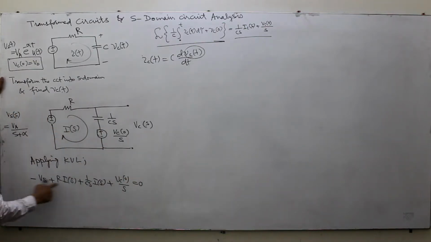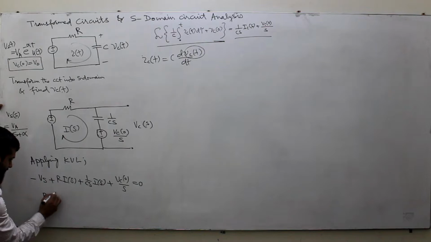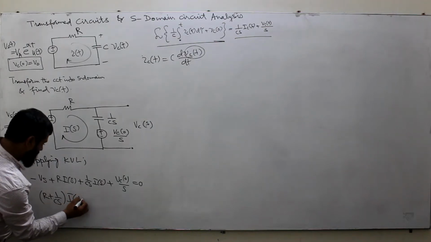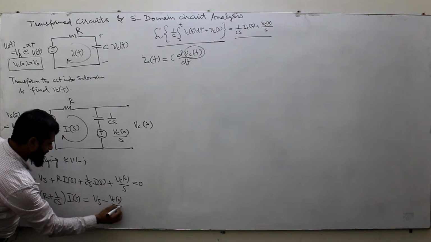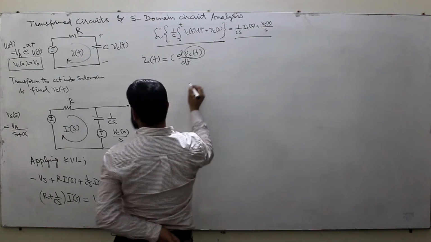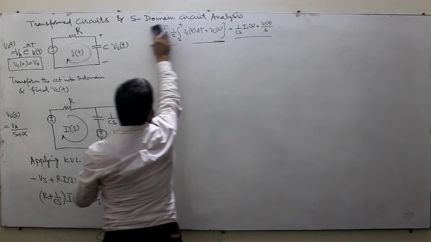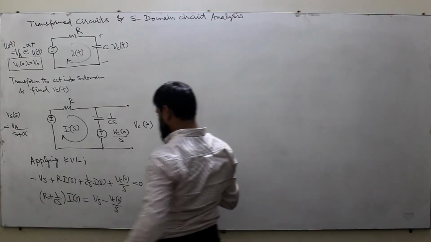And from this one we can find common R plus 1 over Cs into I of S is equal to Vs minus Vc of 0 divided by S. So we don't need this expression anymore.